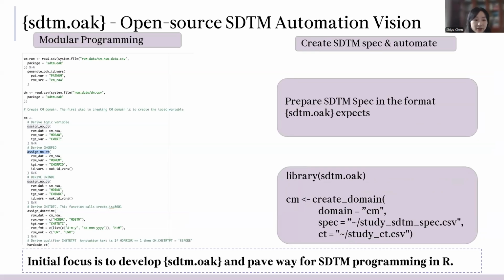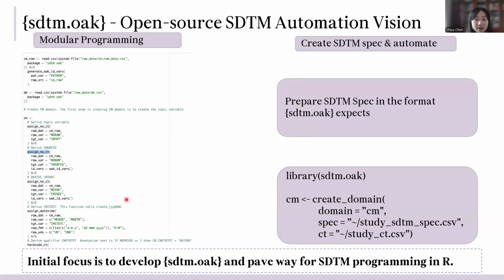On the left side of the screen, this is our current modular programming workflow. And as you could imagine, if you have multiple raw sources for a single SDTM domain, then your code could get lengthier and lengthier.